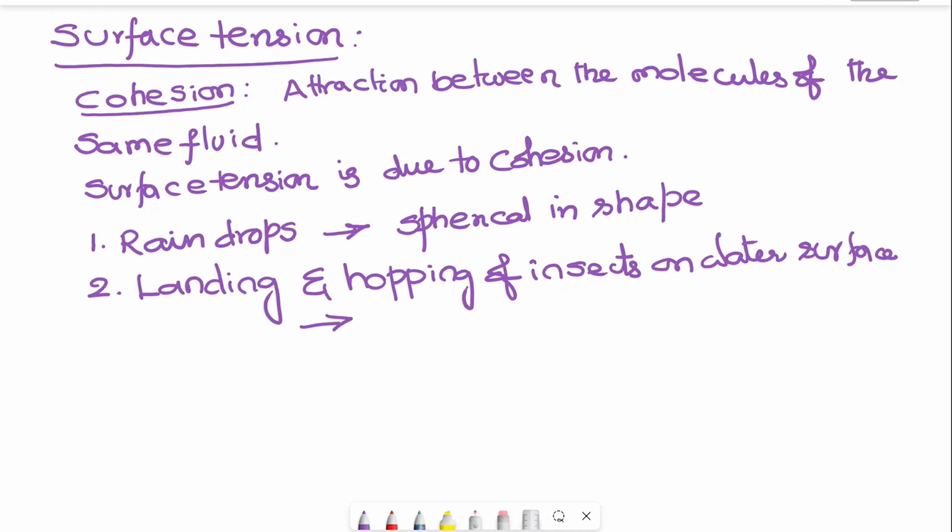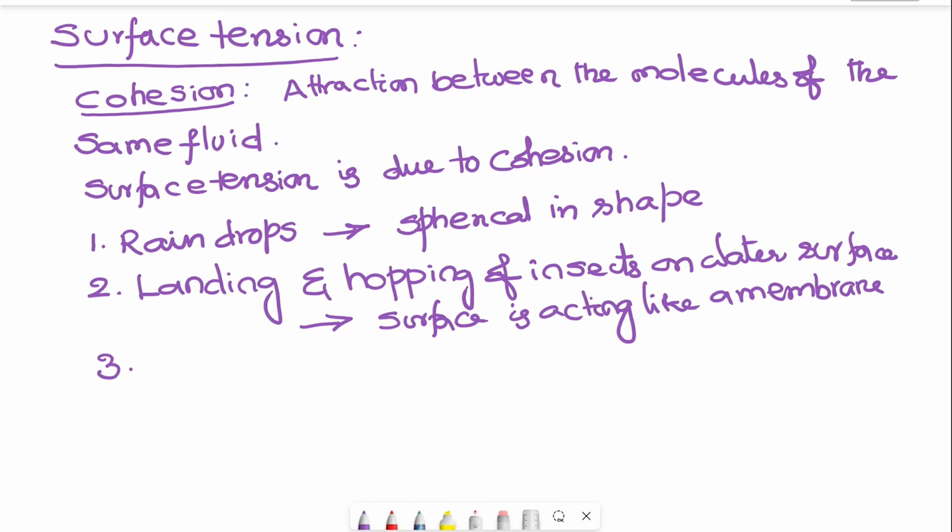How can they move on the surface of water? That means this surface is acting like a membrane. Otherwise, how will it walk? So that means it appears as a sheet. It appears as a stretched membrane.